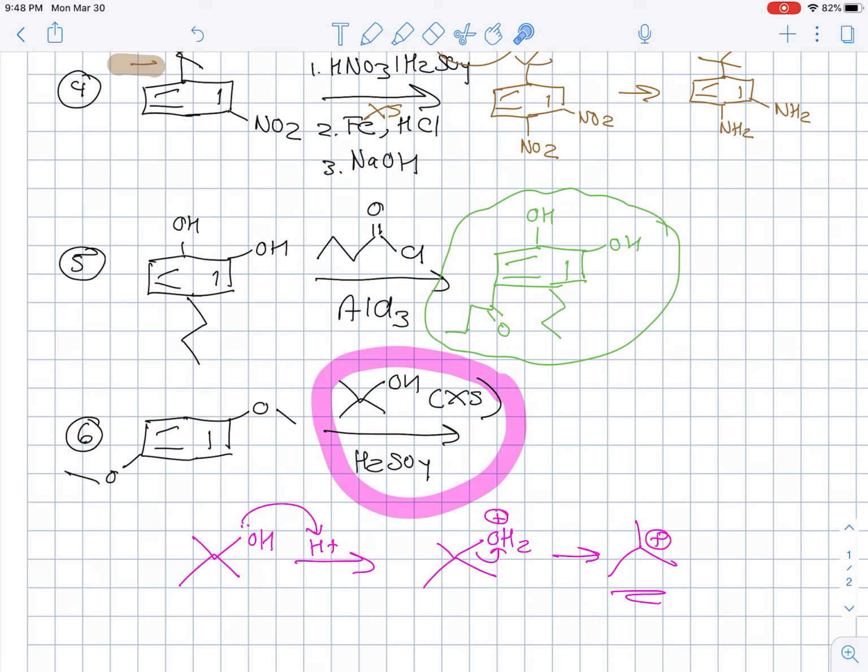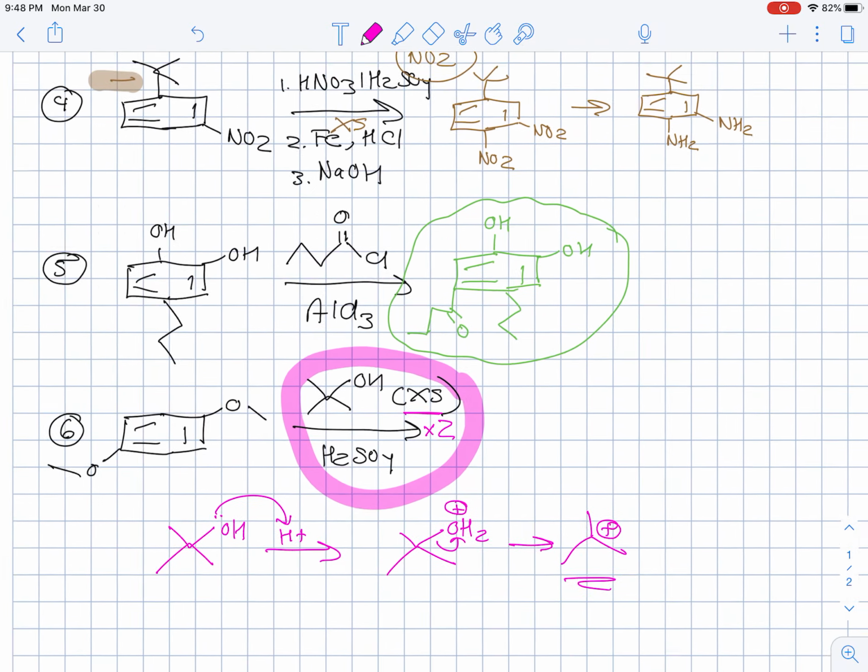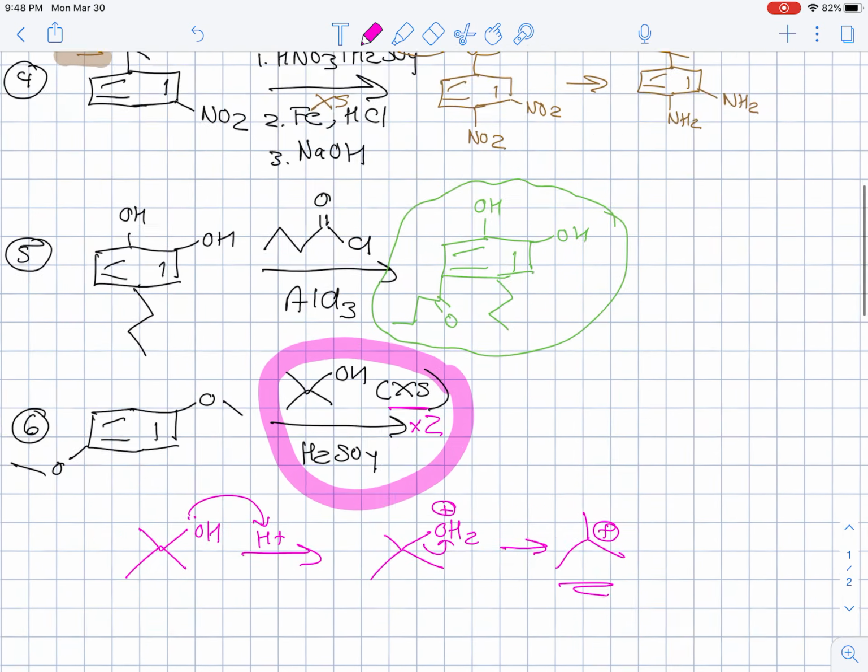So what we have here is an alternate way of generating a carbocation as opposed to using an alkyl halide and aluminum chloride. And in the lab, it's kind of easier to do. So that's one issue. Now we know what adds. And the excess just implies that we're going to add two of these. So in other words, we're going to add one tert-butyl group, and then we're going to add a second tert-butyl group.